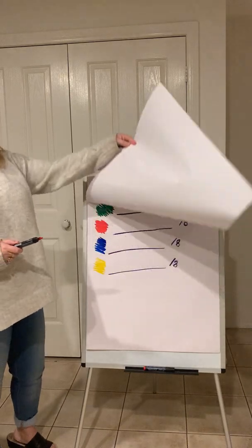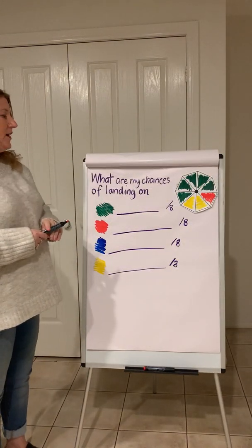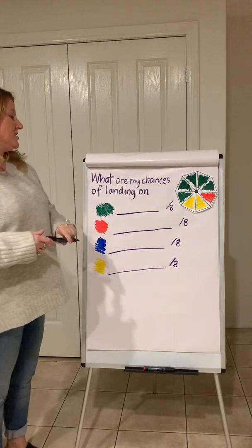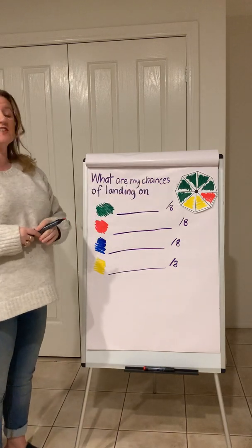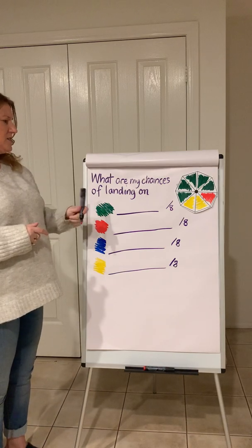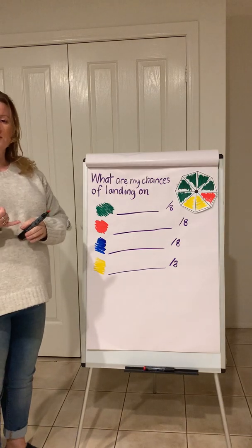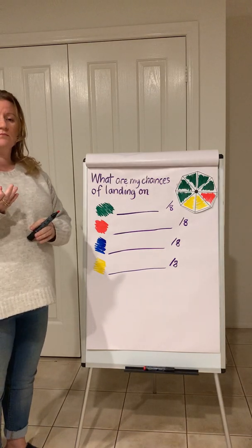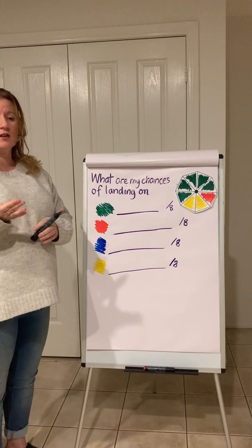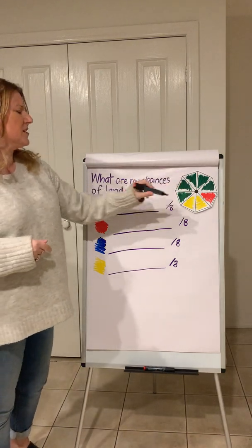Now, to end with, here I have a spinner which I've just created, and I want to know what are my chances of landing on each colour. So what are my chances of landing on green? Impossible, likely, even chance, unlikely, or certain. Well, it can't be certain because there's other colours there.